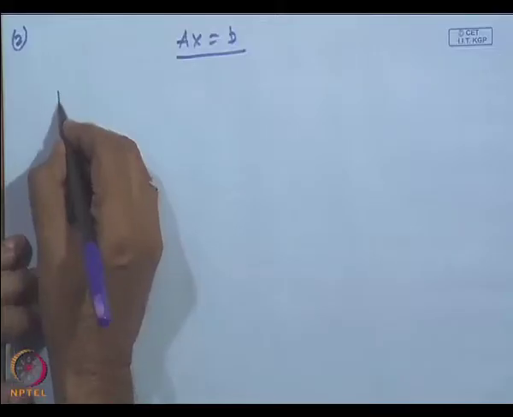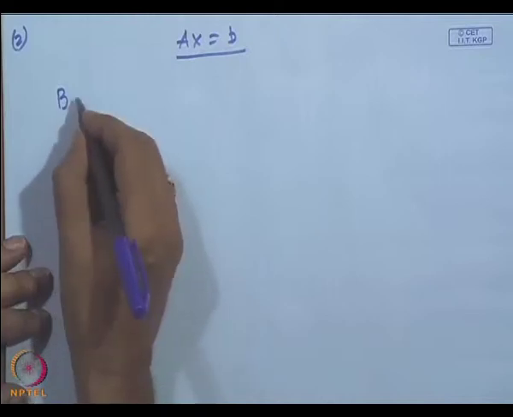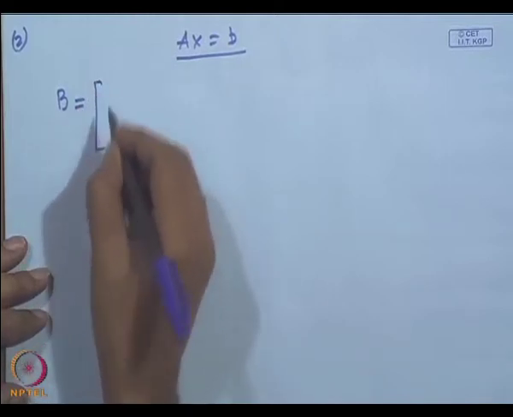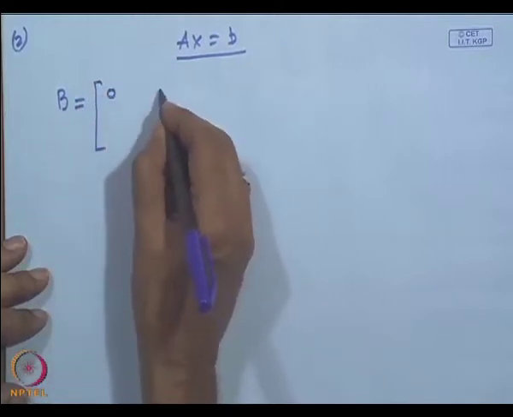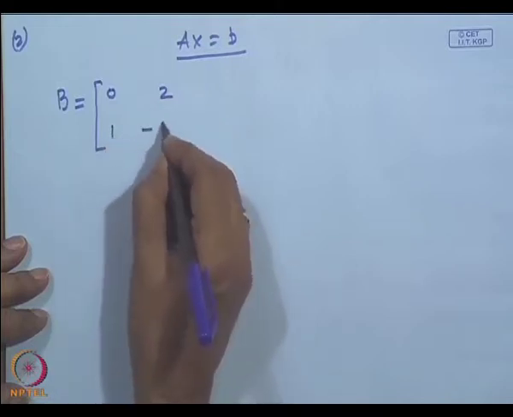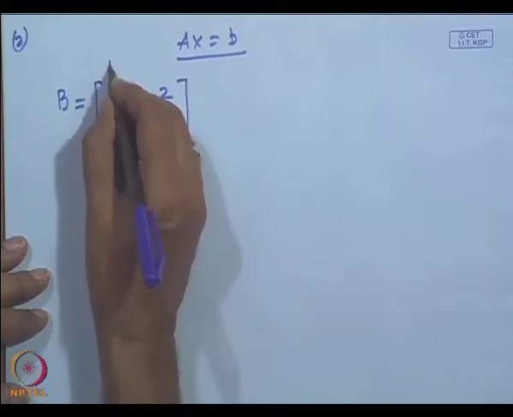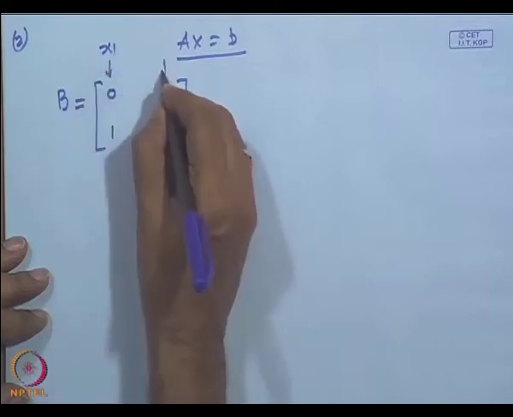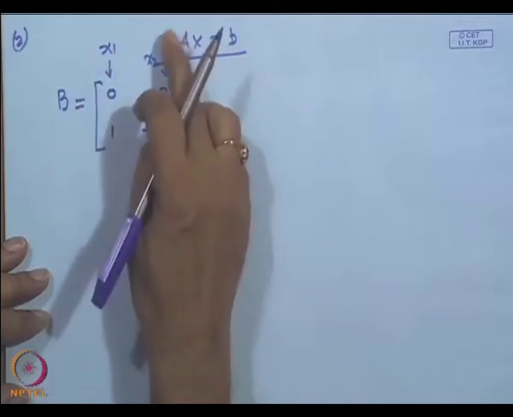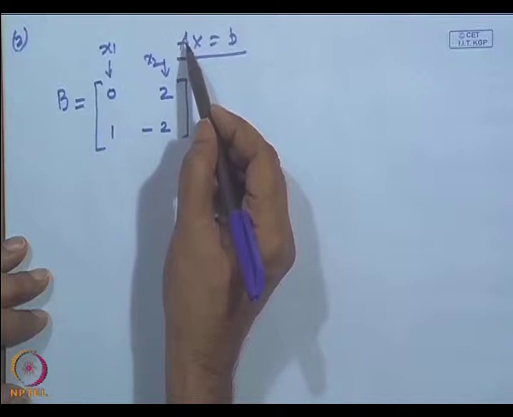Correspondingly, we can write what is called our B matrix from the A matrix. B in this case is 0, 2, 1, minus 2. This column corresponds to x 1, this one corresponds to x 2. This we formed from the A matrix.